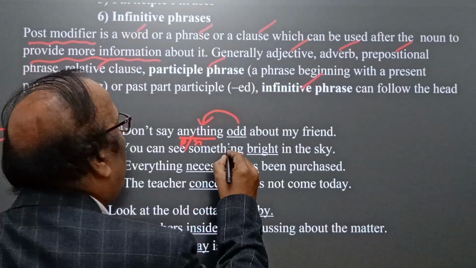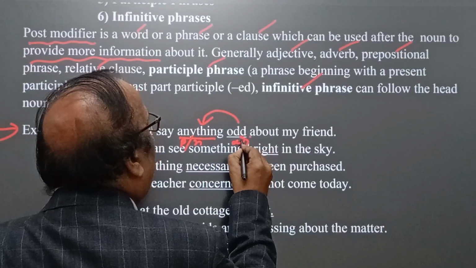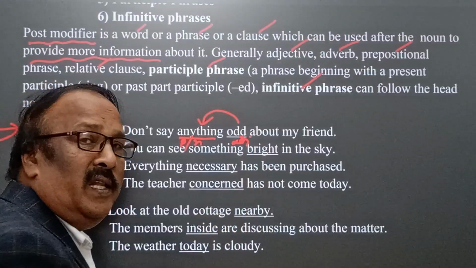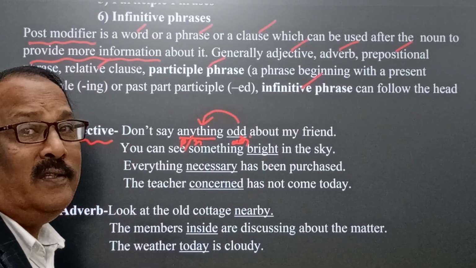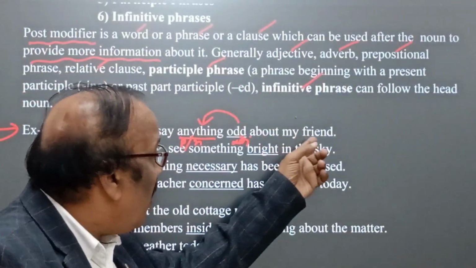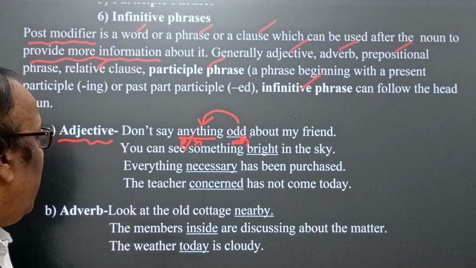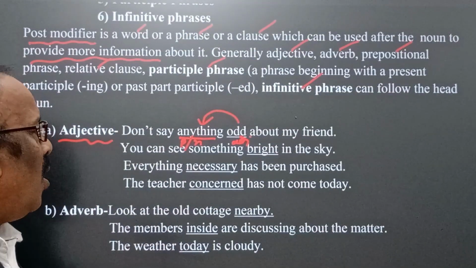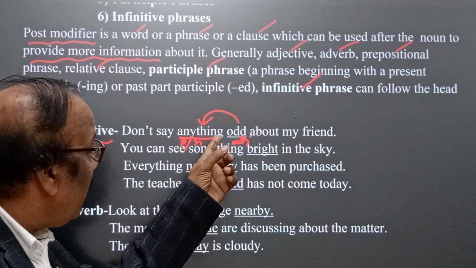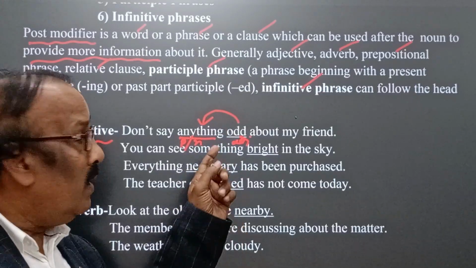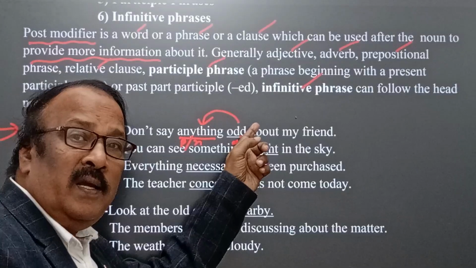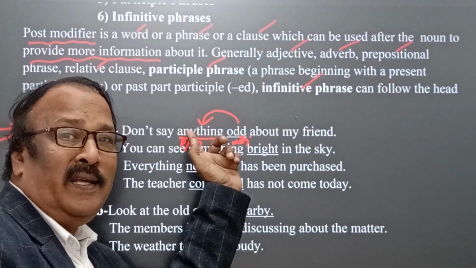Odd is here an adjective remaining after anything. It qualifies anything. This is what we call a post determiner.